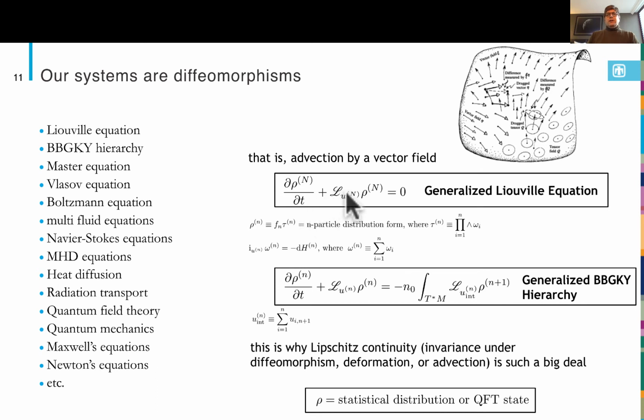Here you see the most generalized form of it in terms of an n-particle distribution form, or it can also be a quantum field theory state that's now advected, that's what this little Lie derivative is, by a vector field.